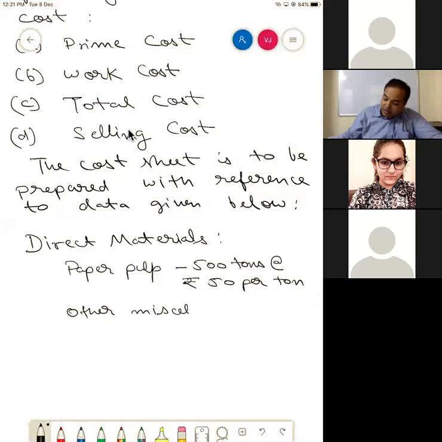Other miscellaneous materials, 100 tons at the rate of rupees 30 per ton.